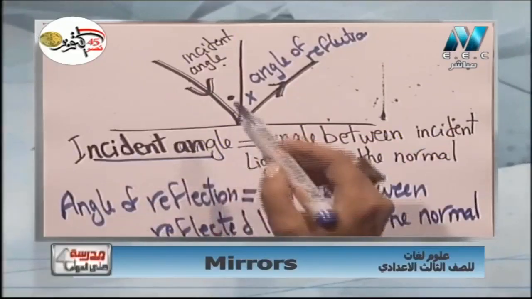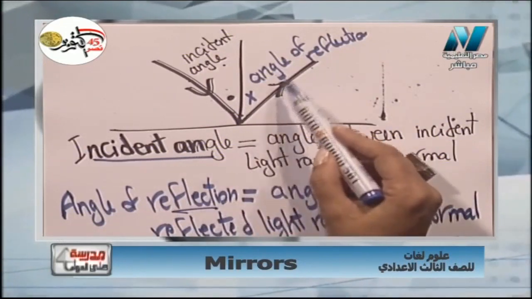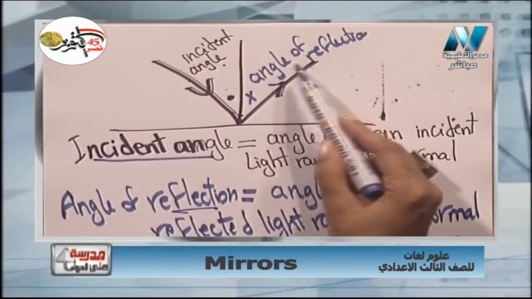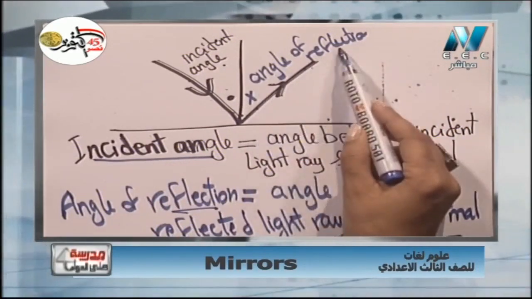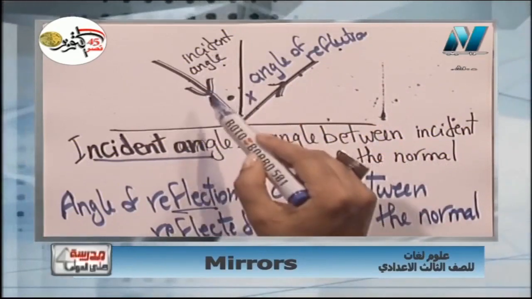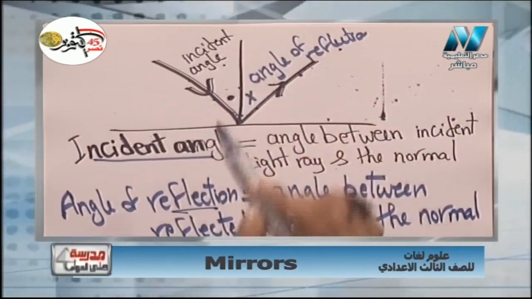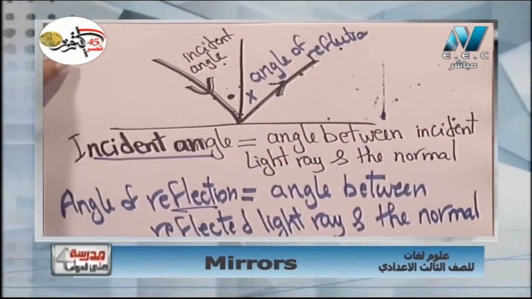So we have now the incident angle, this one, and this angle, reflection. The name of each is like the ray next to it. Angle of reflection is between the reflected ray and the normal. Angle of incidence is between the incident ray and the normal. The first law of light reflection is the angle of incidence equals the angle of reflection.